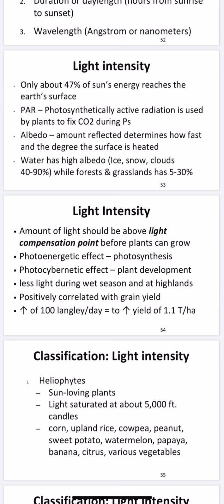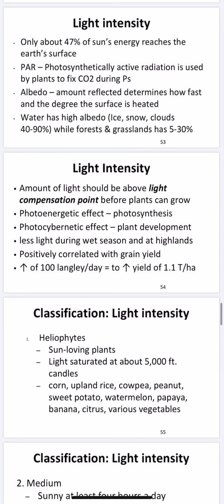It's only about 47% of the sun's energy which can reach the Earth's surface. And we call it PAR or photosynthetically active radiation, used by plants to fix carbon dioxide during photosynthesis. And albedo is the amount reflected, which determines how fast and the degree the surface is heated.